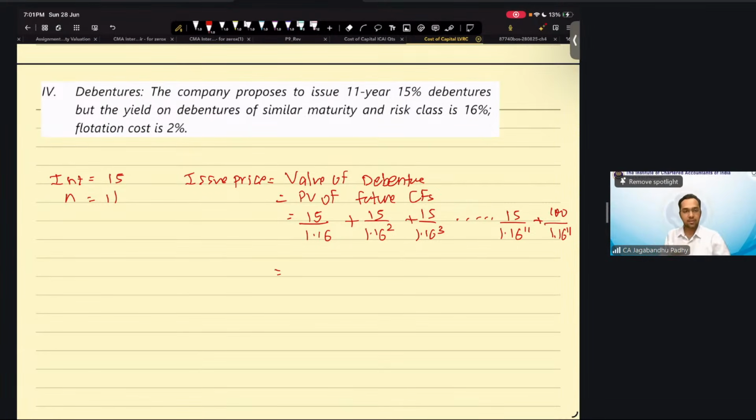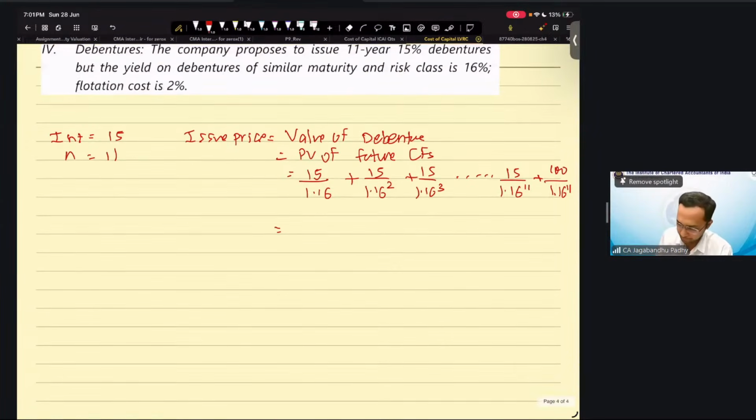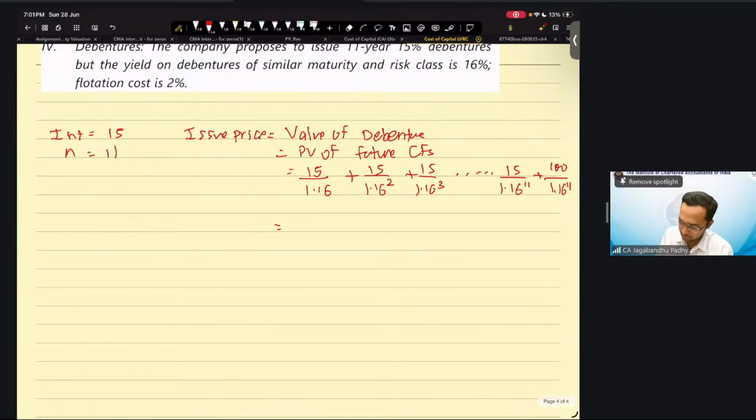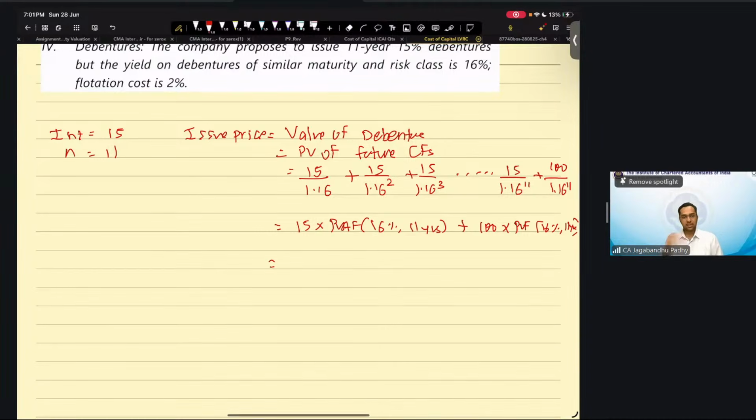So you just take the total of all of them, or you can also say it like this: it should be 15 into the present value annuity factor at 16% for 11 years plus 100 into the present value factor at 16% for 11 years. So you just take the present value of all of them. That will give you the issue price of debentures.